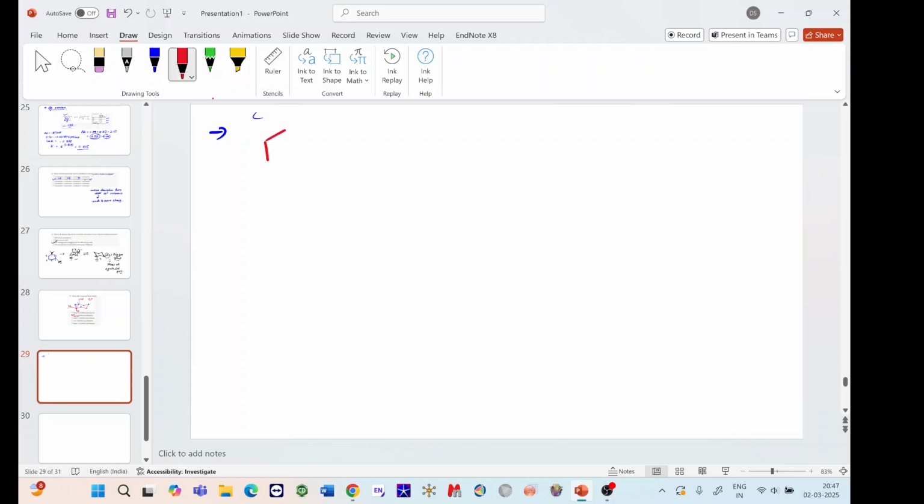You have this molecule. So you need to draw it in the 3 dimension. Okay, this is a substituted cyclohexane, and you have the options like this.